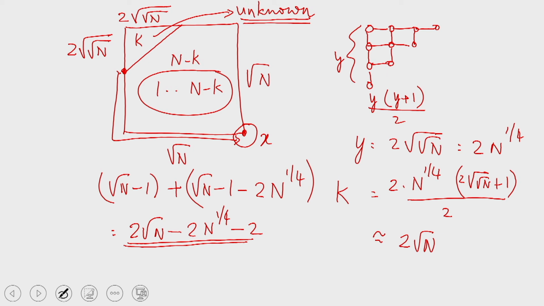This is the shaded portion, the unknown elements. The distance from the unknown elements to the bottom right corner is 2 root n minus 2 n^(1/4) minus 2, and we have spent one fewer step than this.